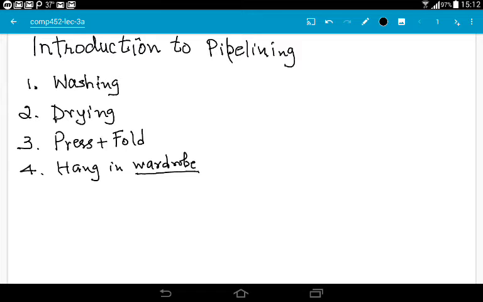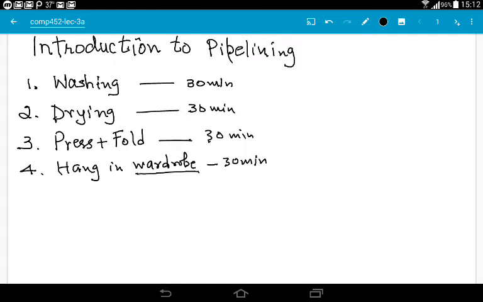Okay, so these are the 4 steps. Now let's assume that each of these steps takes about 30 minutes. This also takes 30 minutes. And this one also 30 minutes.